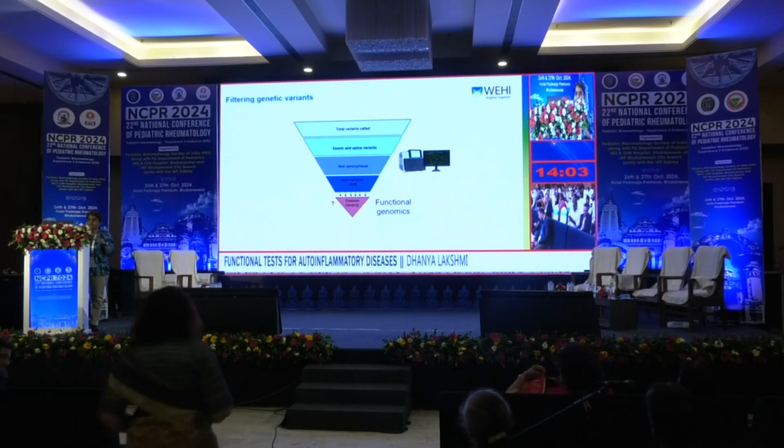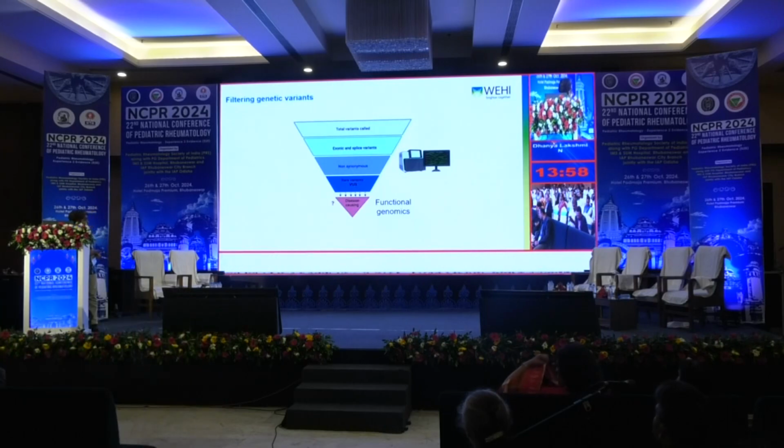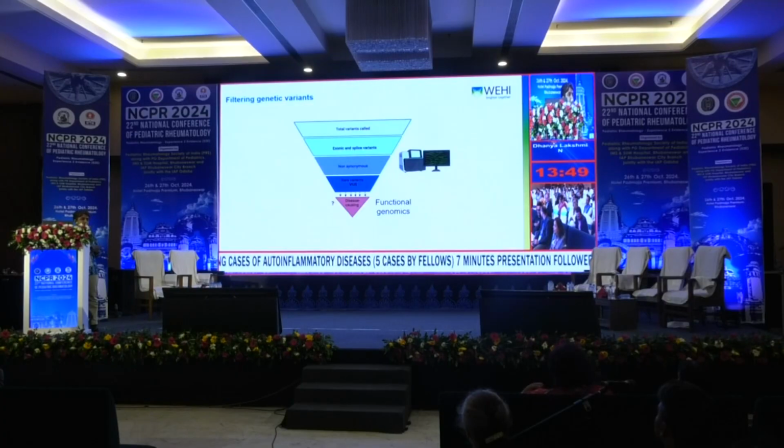I think I discussed these aspects about the variants yesterday. Anyway, we are interested in these variants of uncertain significance. To prove whether these variants are actually disease causing, that's where we need the functional genomics.